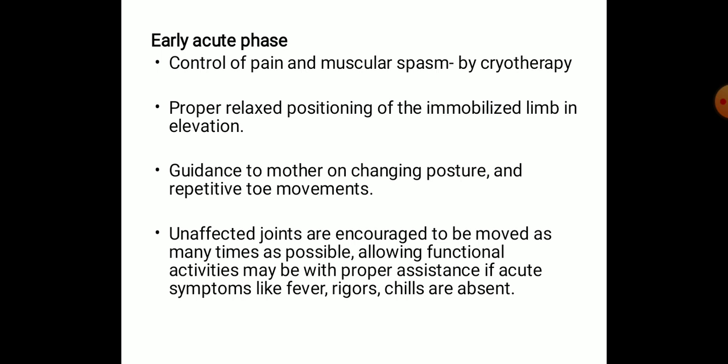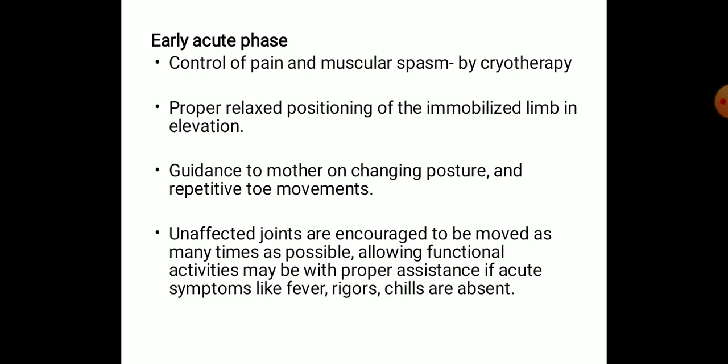We are not supposed to avoid the ankle and hip joints during the acute stage of this infection. Even if the infection has occurred in the knee joint, we have to take care of the ankle and hip joints, and we should encourage the patient to do repetitive ankle and hip joint movements.